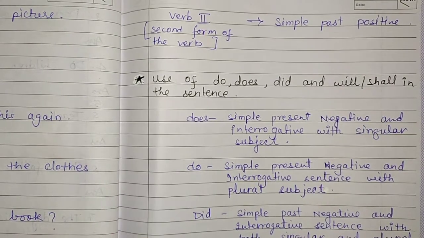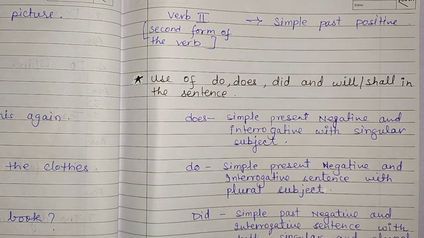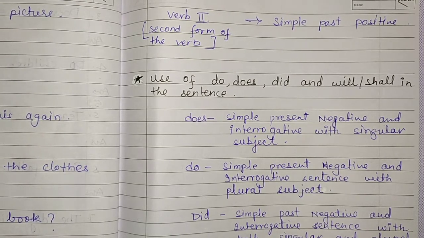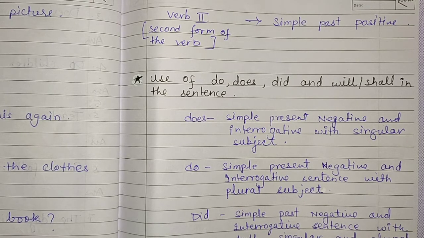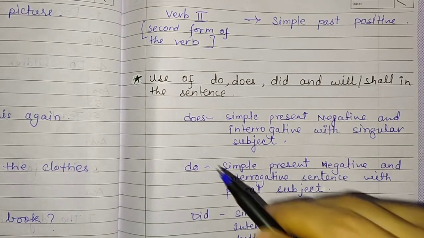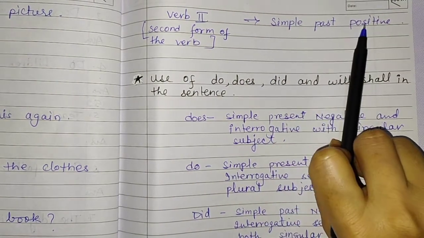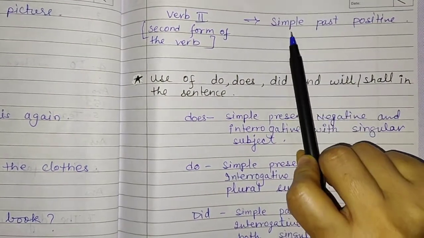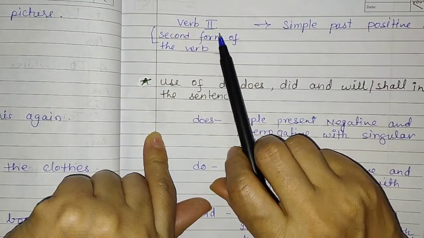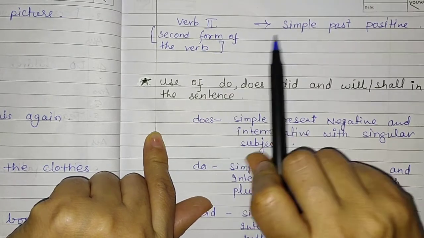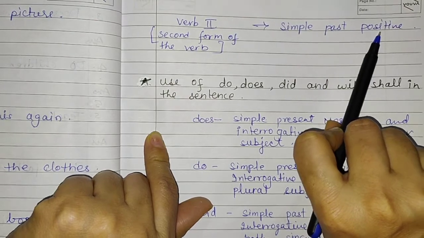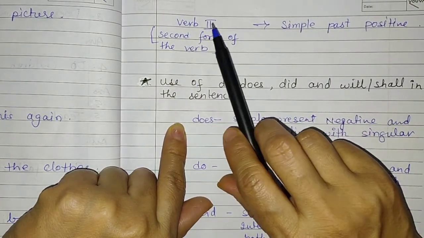Now, in all these three tenses and all the kinds of sentences, one kind of sentence is left. That is the simple past positive sentence. Only for this sentence we use verb second. Whenever you write a simple past positive sentence, you will use verb second.